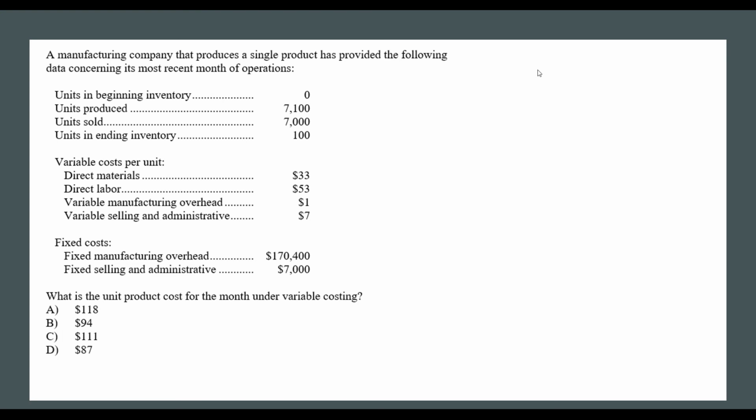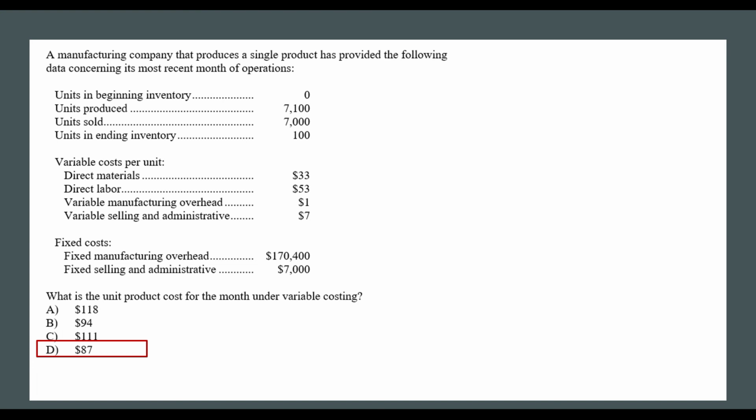Okay, guys, what is the answer in this problem? It is letter D. So how did we get letter D? $87. Okay, it's very simple. We are only getting the unit product cost under variable costing. Remember that in the unit product cost under variable costing, we only account three elements. We have your direct material, your direct labor, and your variable manufacturing overhead.